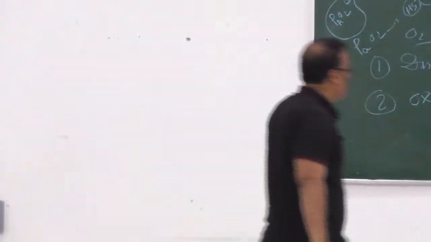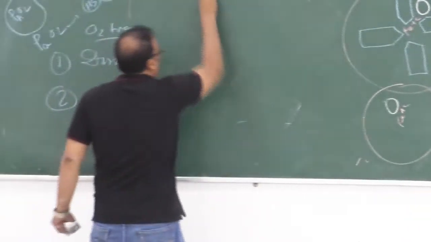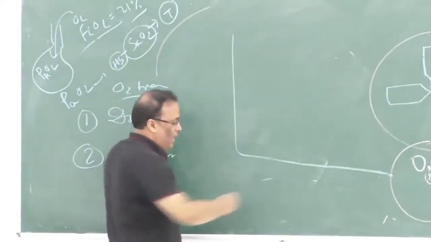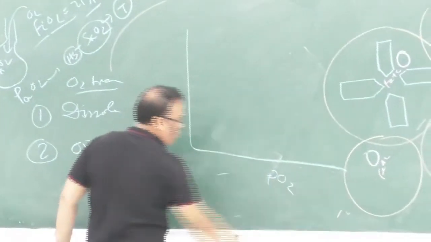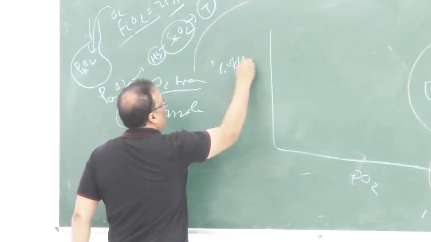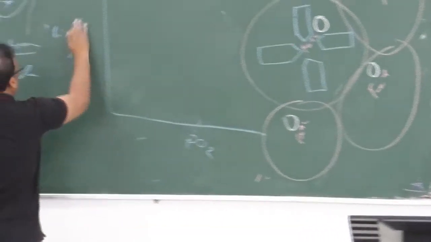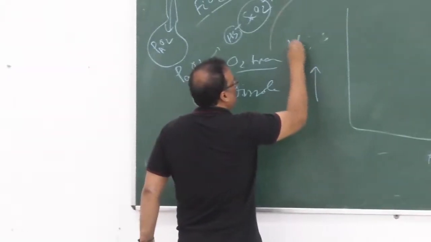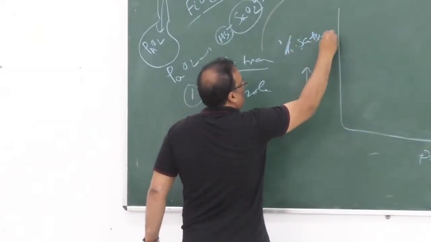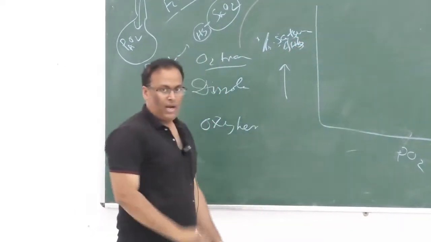I can explain this if time permits today. So this curve means the percent saturation of hemoglobin, right?